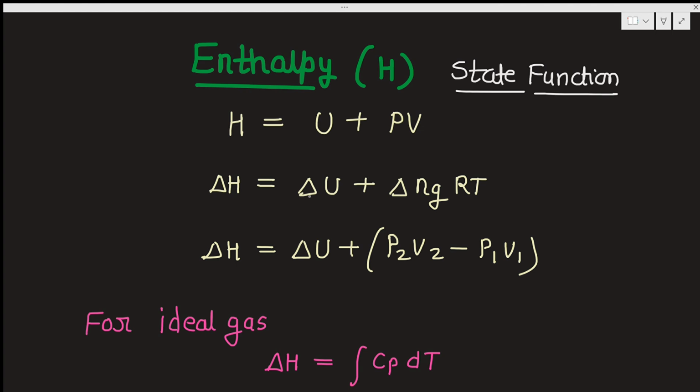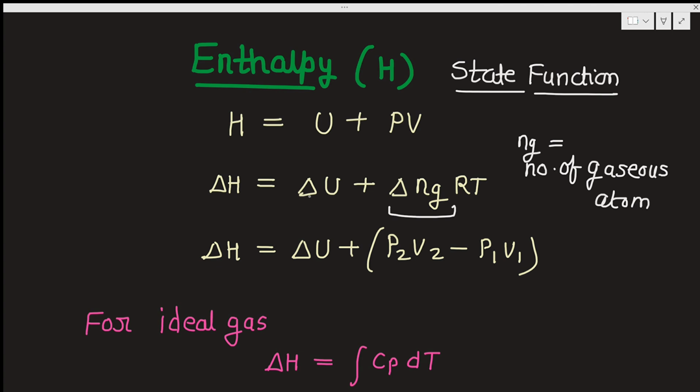Now you see here, this del Ng means the change in the number of gaseous molecules. It means you have to see the change in the number of product minus the number of reactant molecules, and you will have to consider only the gaseous ones.